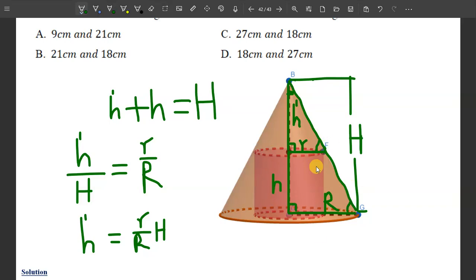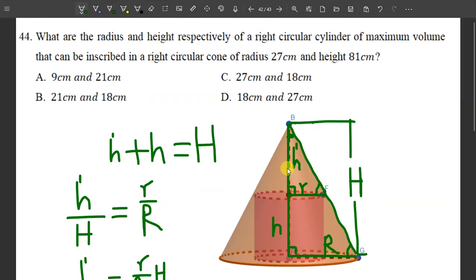Our objective is to find the volume of the cylinder and then take the derivative of the volume, because for the volume to have a maximum, the derivative must be equal to 0.